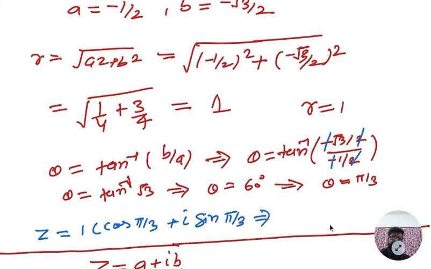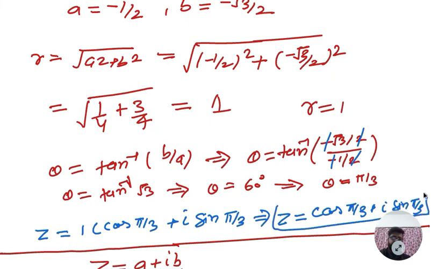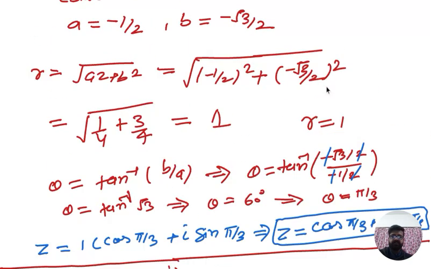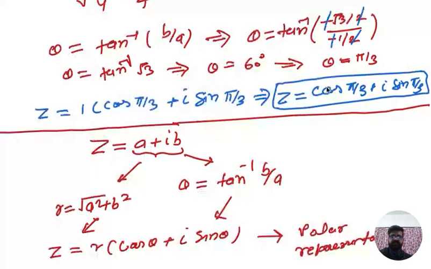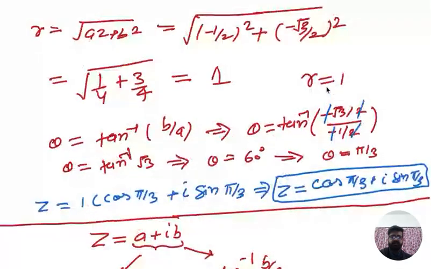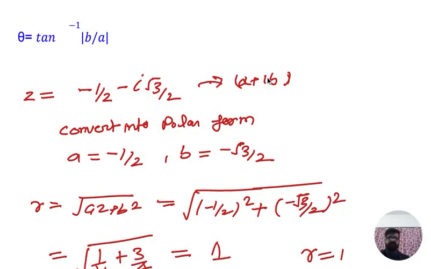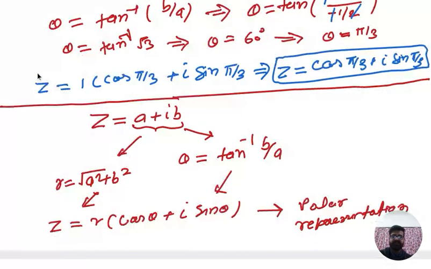Or I can write z equals cos pi by 3 plus i sin pi by 3. So this was how we change our a plus ib form into a polar form. That is how we change the form of our complex number.